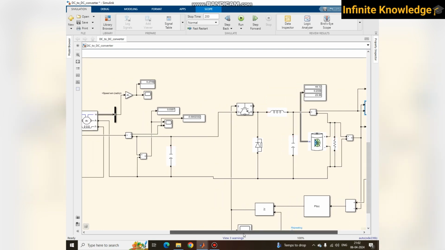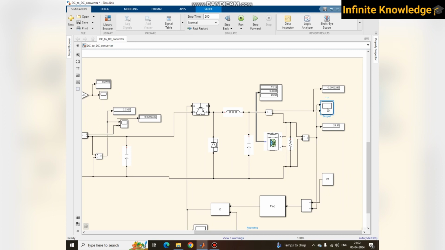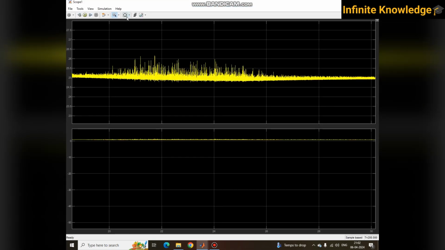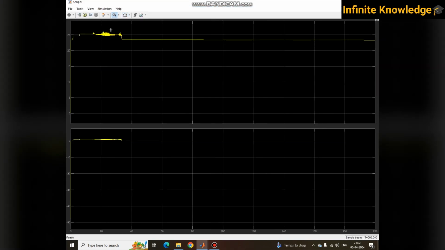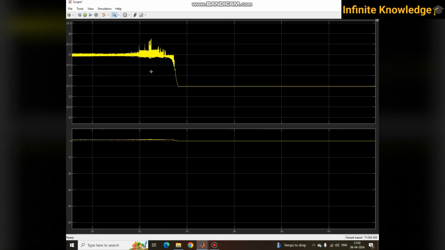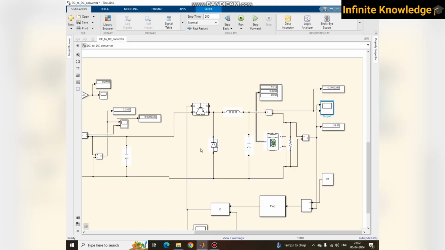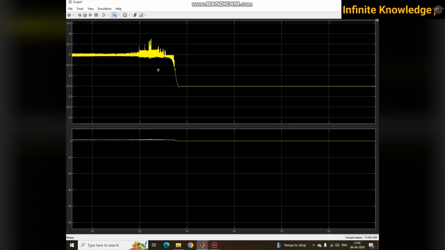So at this condition also, what is the intention of it? You can see at the time of stop there is some slight variation, but this variation happens because our output voltage is totally zero at this moment. Okay, so the battery voltage is available.